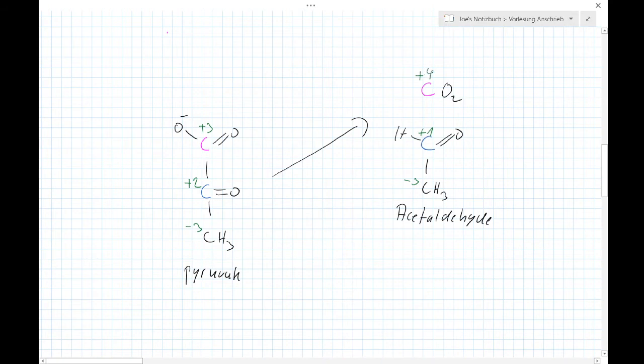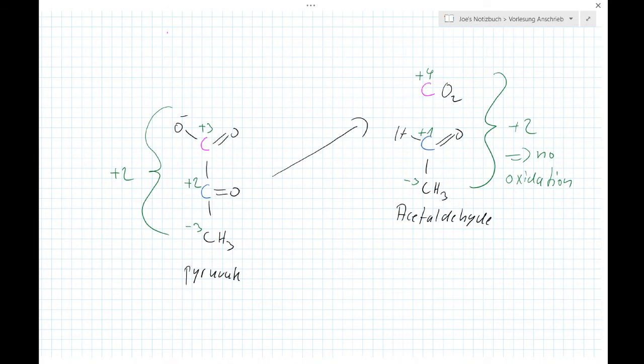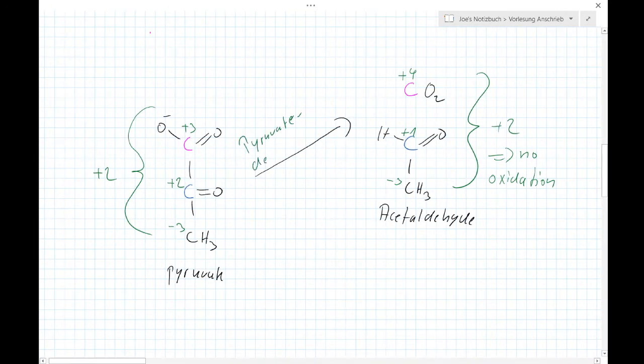So in total, if we calculate all the oxidation numbers, we have at pyruvate +2 with respect to the carbons. And if we do the same here, then we have also +2: -3, +1, +4 is +2. So therefore it's no oxidation. So therefore this enzyme is called pyruvate decarboxylase. This is just a decarboxylation. It's not at the same time an oxidation.